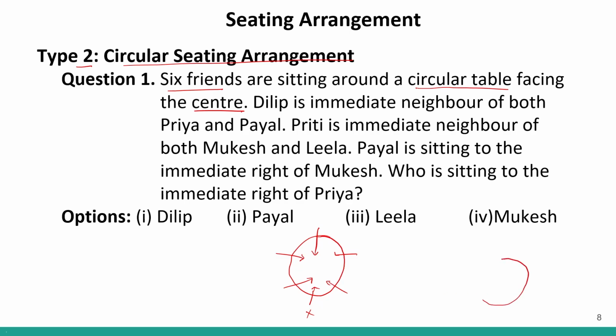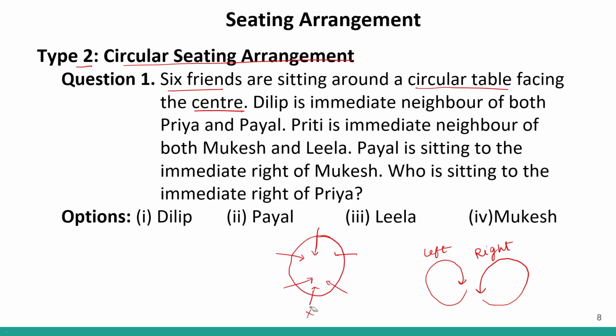Basically, this will be the direction of right. That means if we move anti-clockwise, we will move in the direction of right. And if we move clockwise, we will move in the direction of left. Correct? Because they are facing the center. This will be opposite if they are facing the outside.